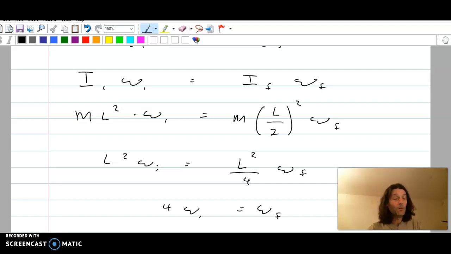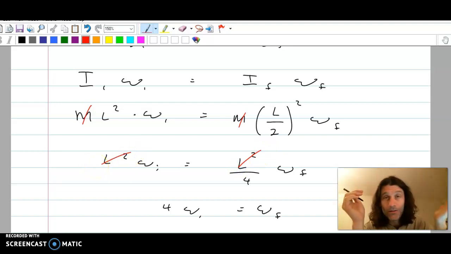So what you can tell then happens is those masses die, and I'm left with L squared times the initial omega. Over here, I'm left with L squared over 4, since I have to square the denominator, times that omega F. And then you can tell, well, gosh, it also doesn't even matter what the initial length was.